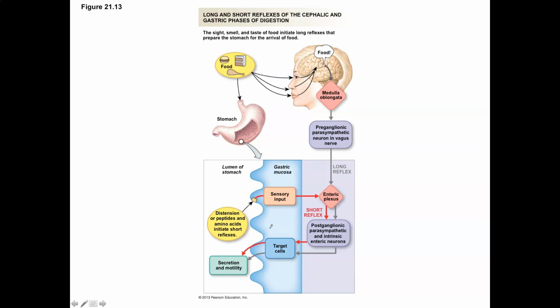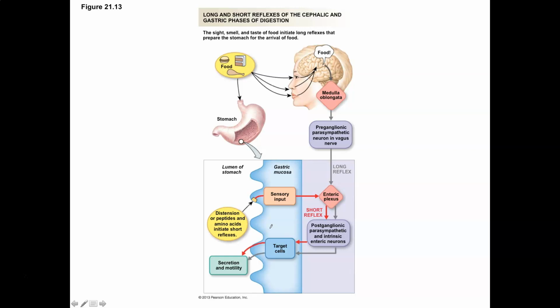These anticipatory stimuli are essentially activating neurons within your oral cavity. They're activating the stomach of the GI system in anticipation for food or liquid that's on its way.